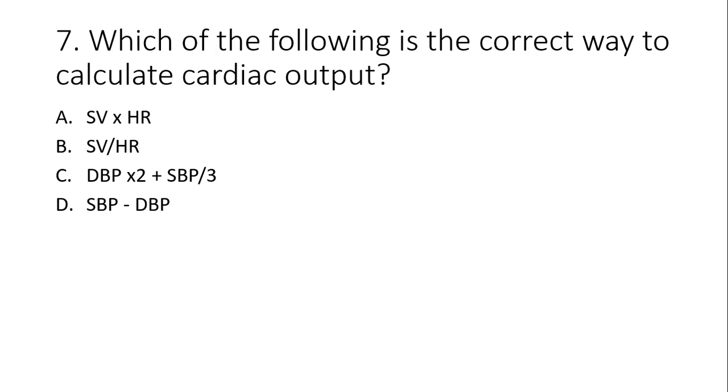I don't think they agree with you, Anna. Yeah, it's stroke volume times heart rate. As far as I know, stroke volume divided by heart rate doesn't tell us anything. Maybe it does, but it's beyond what we need to know at this point.